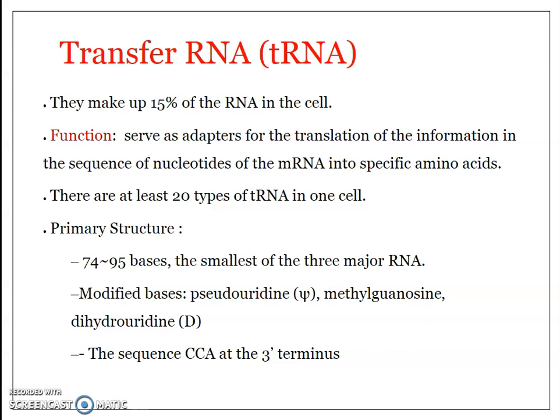And finally, the specific sequence on the tRNA, that is known as the anticodon, binds with the specific sequence on the mRNA, which is known as the codon, right? So anticodon and codon, as the name indicates, are complementary. So it binds by hydrogen bonding.